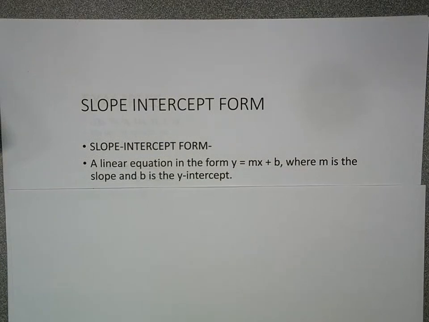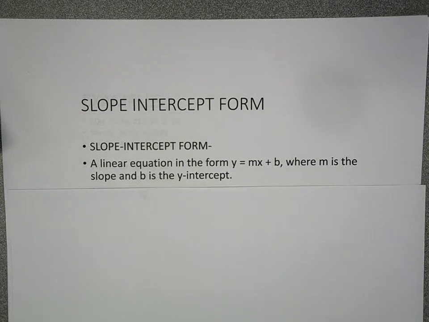So here's what your book says it is. This is a linear equation in the form y is equal to mx plus b, where the m is the slope, and that should look familiar to all of us, and b is the y-intercept. We've talked about x and y-intercepts before, and we're able to figure them out.